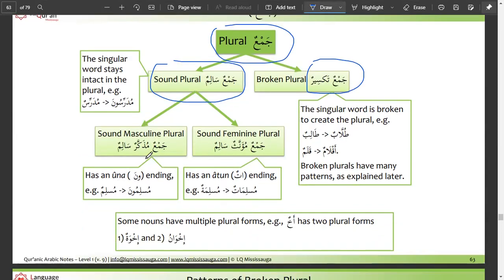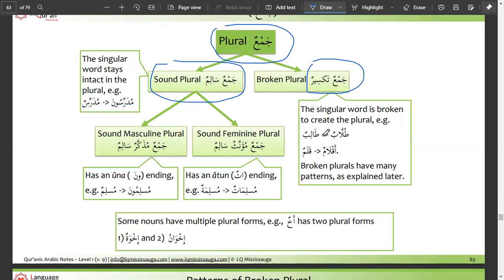What we do for Jamma Muzakkar Salim, we add waw and noon. Ending is una. Muslimun, Muslimuna, Muslimatun. This is feminine, Muslimatun. This one we have learned. While this is the Jama Taksir: Talibun, Tulabun.